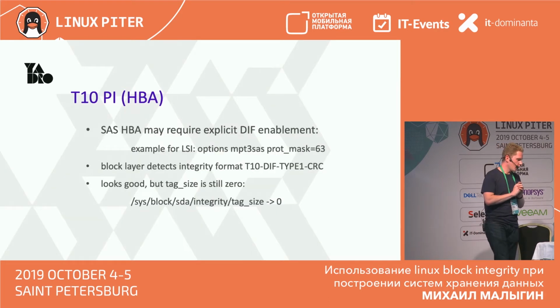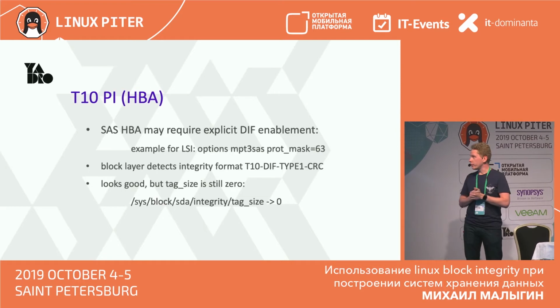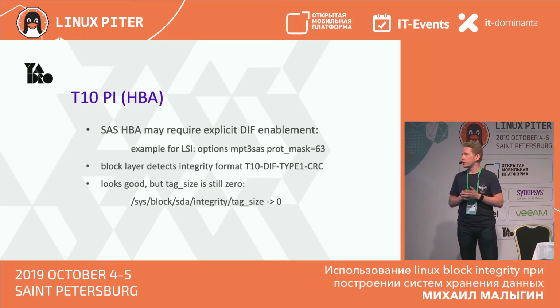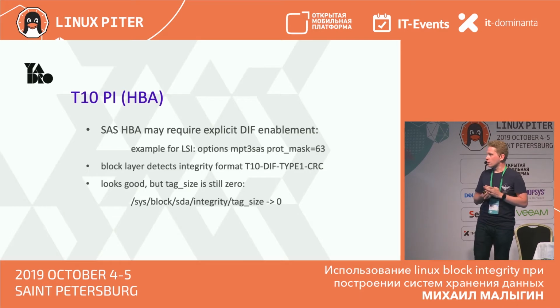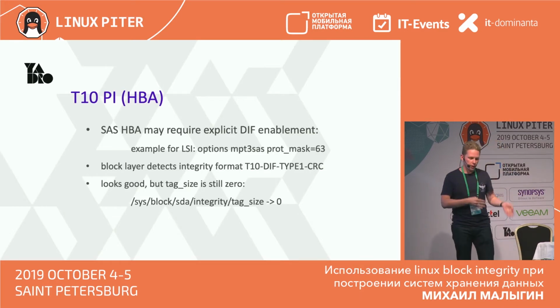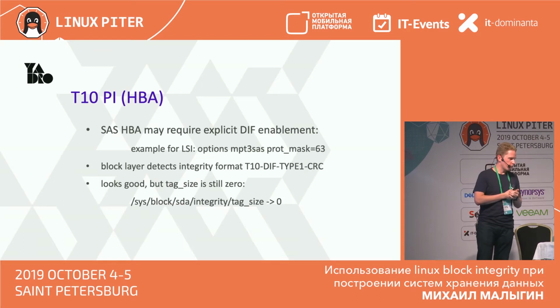It's cool, but that's not what we need. So once again, we look at the driver and we see that it has a special parameter to include data integrity field support. We enable it, reboot the driver, launch everything, and the block device says that we have this T10 format.